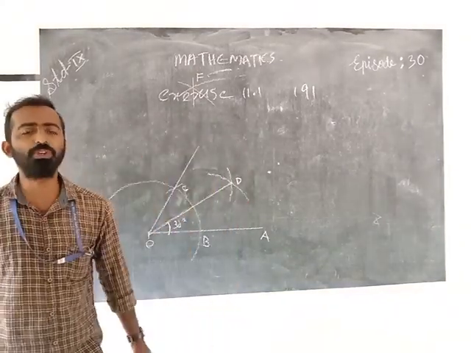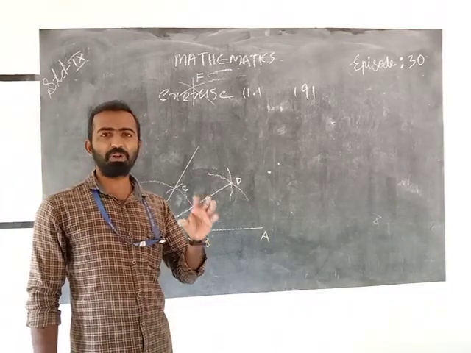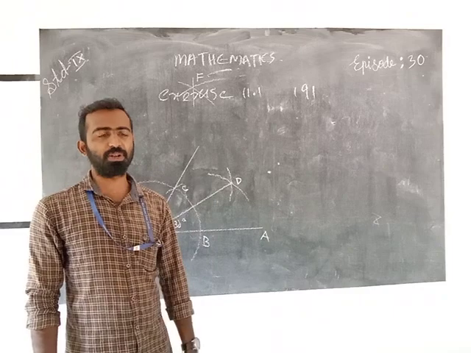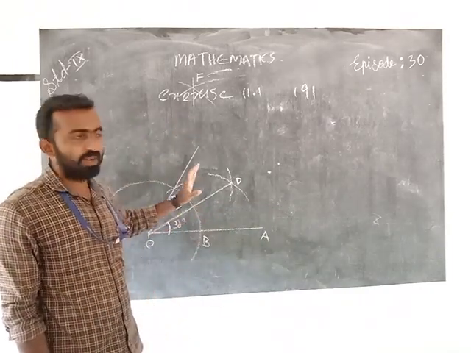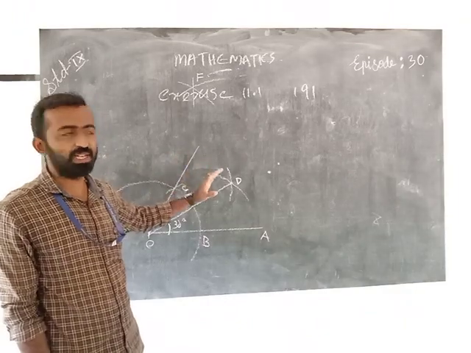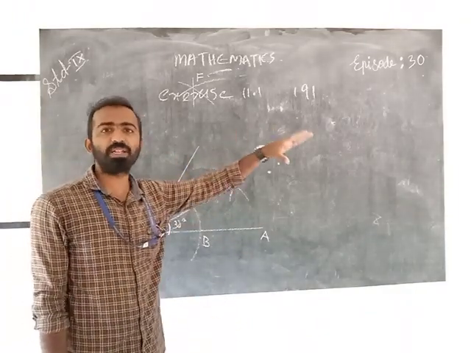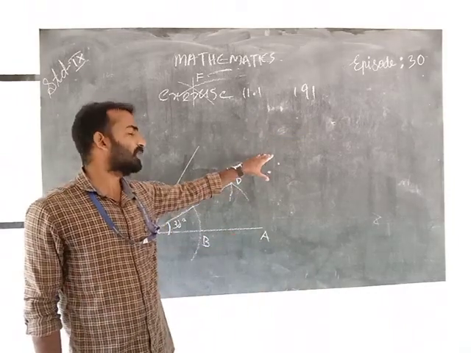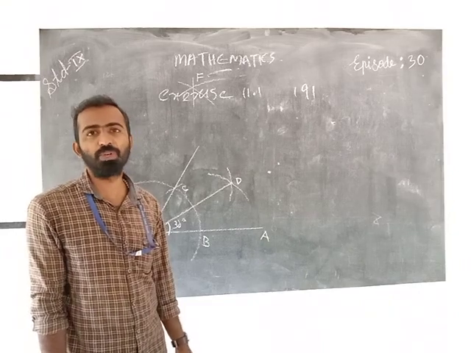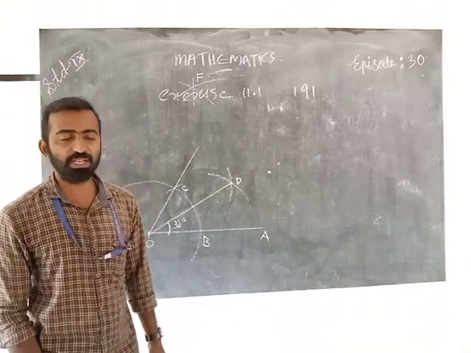The next angle is 22.5 degrees. We want to make an accurate figure, so we first draw 90 degrees, then the bisector of 90 degrees, then we get 45. Then we also draw the bisector of 45 degrees, and we get 22.5 degrees. The third question is 15 degrees.